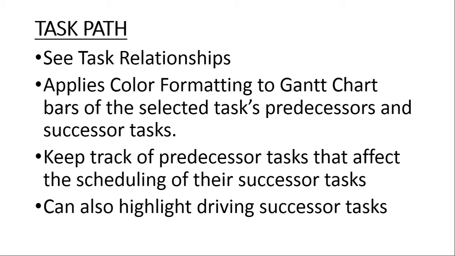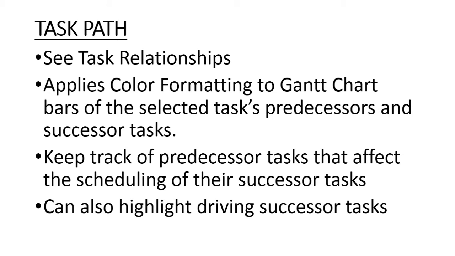tasks. As you might know already, for each task there may be two or more predecessor tasks, and it is not all of them that affect the scheduling of the particular task that we are dealing with. So the task path can help us to see which of the predecessors has the most effect on the scheduling of the task that we have selected.